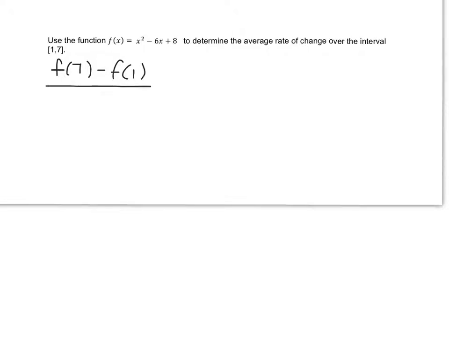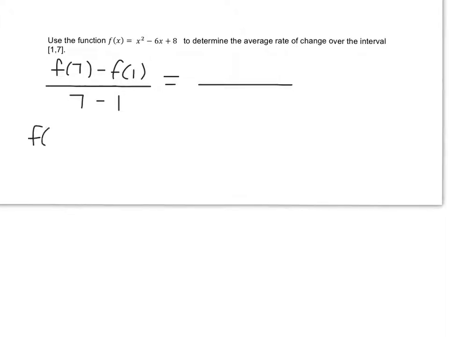So f of 7 would be the y value when x is 7, and f of 1 would be the y value when x is 1, and then we put that over the change in x. To finish that off, we have to determine what f of 7 and f of 1 are.